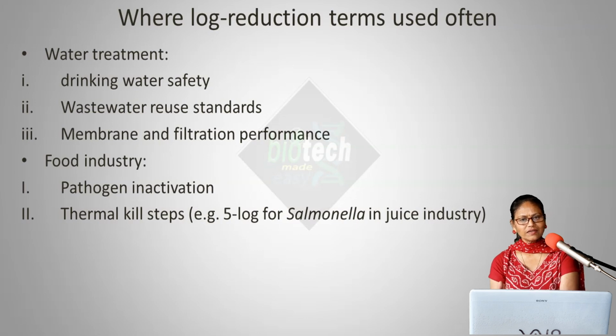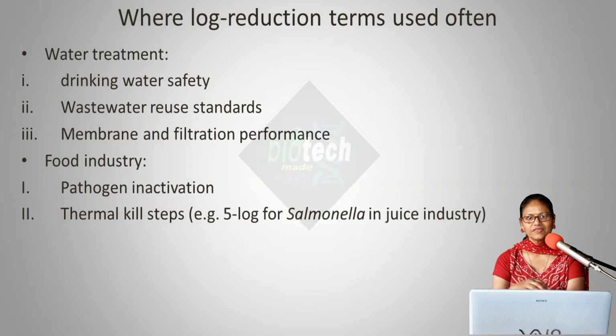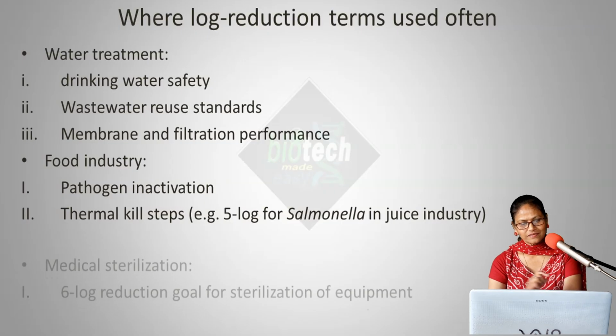Similarly, for thermal kill steps like sterilization and pasteurization, where we kill the pathogens by raising the temperature. One such example is the juice industry, where the salmonella problem is there. Here the standard set is 5 log, so you have to stick to that.